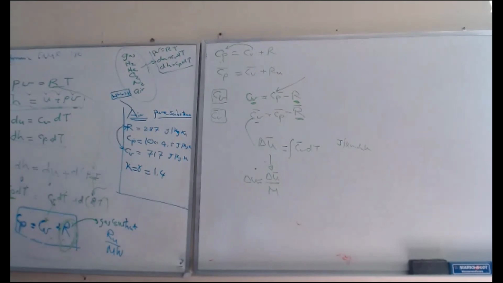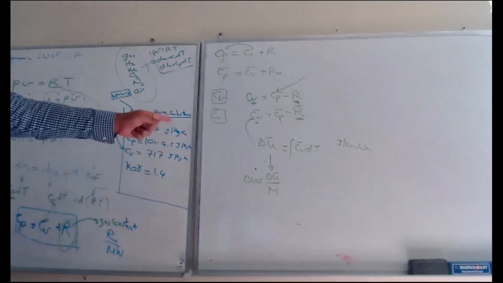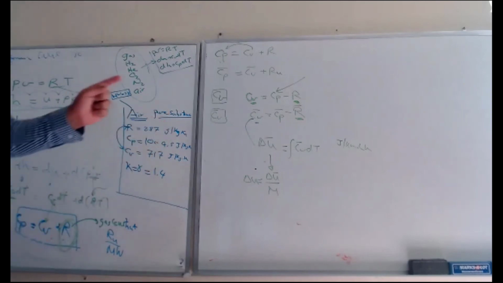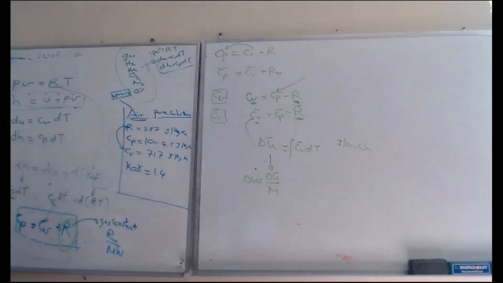So when you want something, divide by molecular weight, and you get what you want. For R, Cv, Cp, they are all the same. R is R bar over molecular weight, Cv is Cv bar over molecular weight. Cp, delta U, everything divided by molecular weight goes from per kilomole to per kilogram. Kilomole and kilogram are related because for every material, the same mass represents some number of moles, which is a constant number.